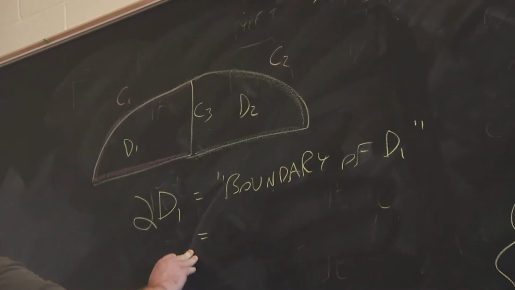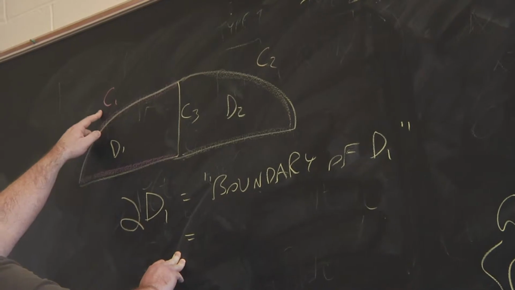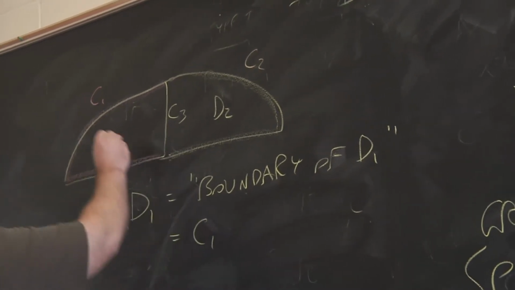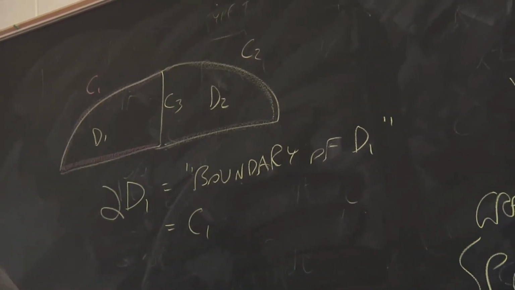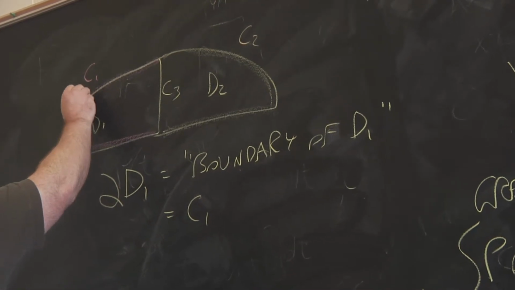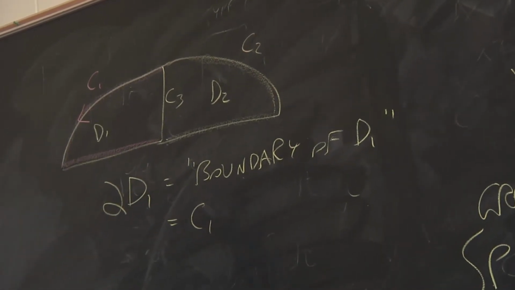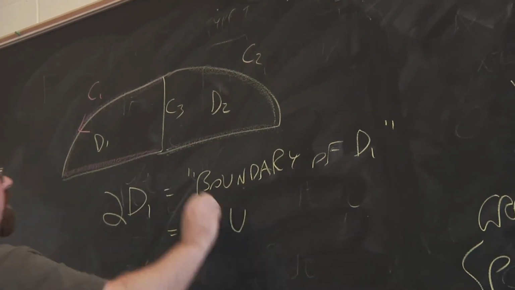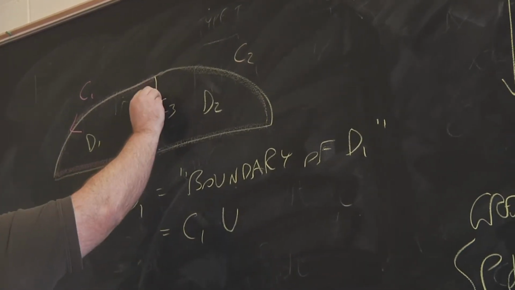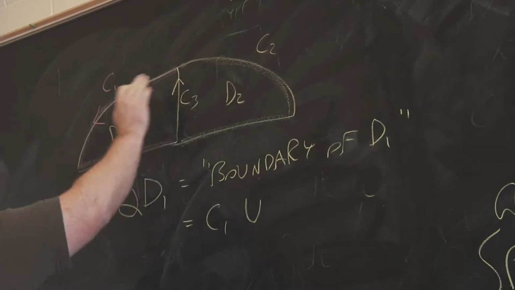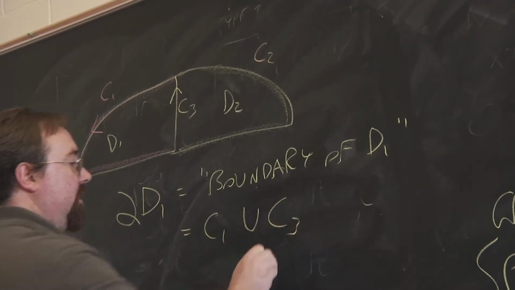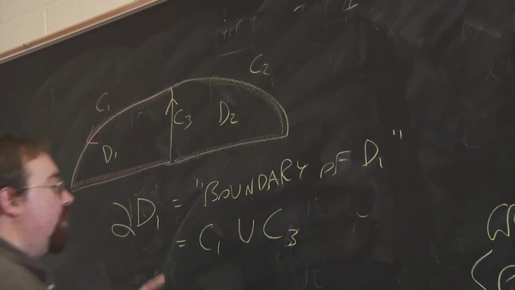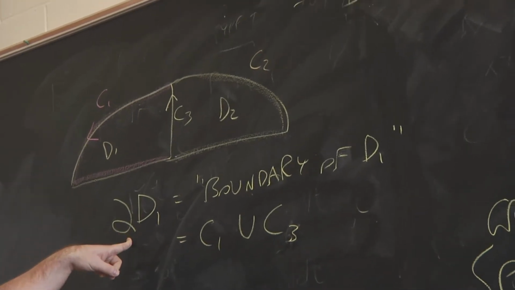So the boundary of D1 is going to be C1, and we'll give C1 the proper orientation, counterclockwise, and then we'll give C3 this orientation so it's consistent. So C1 joined together with C3 gives you the boundary of D1.